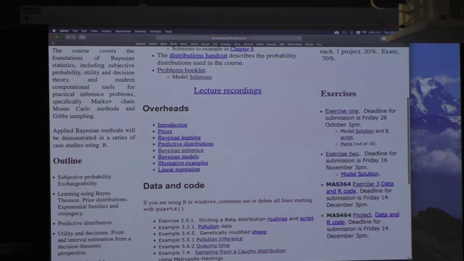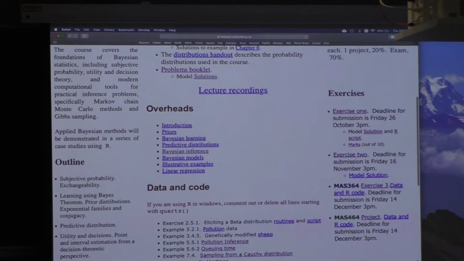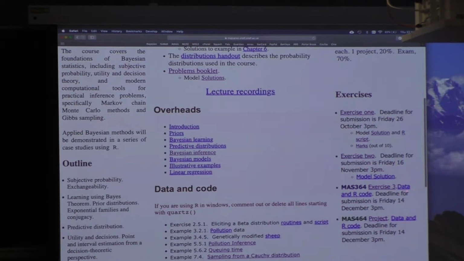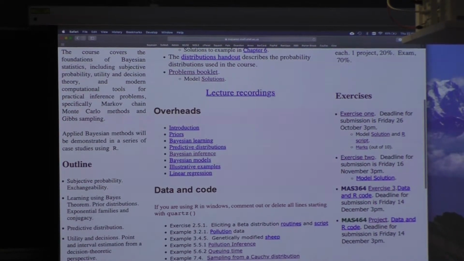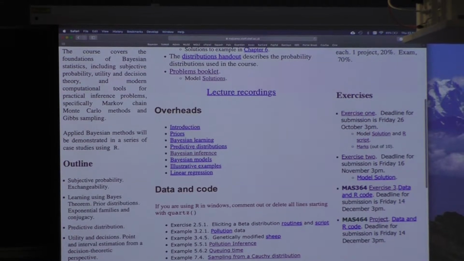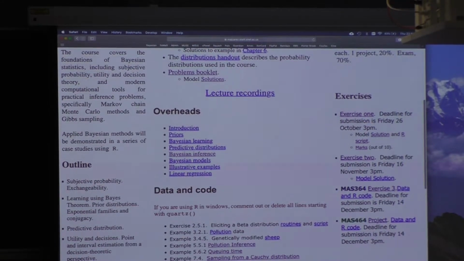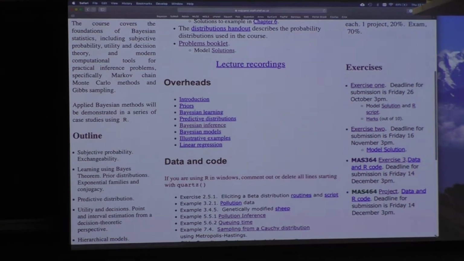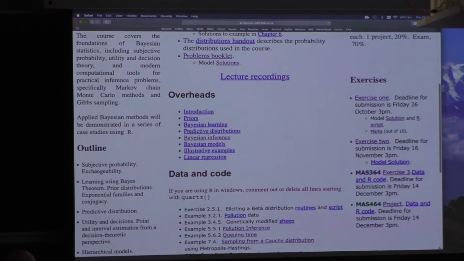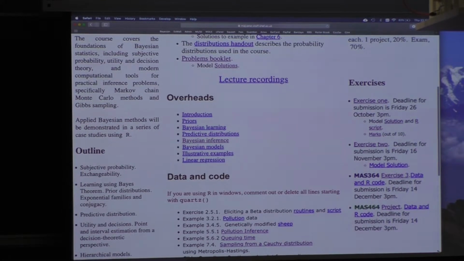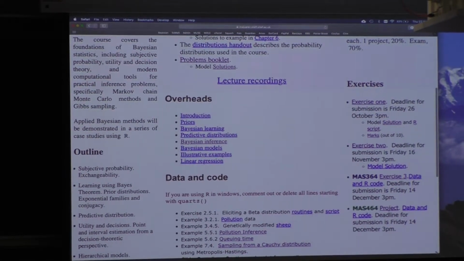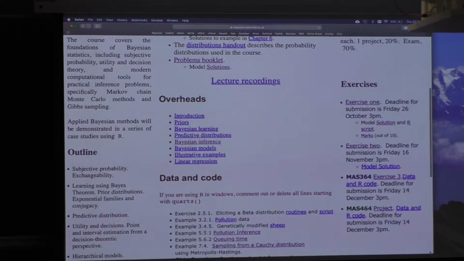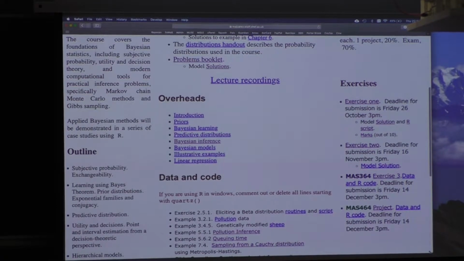For those, you will need to run some MCMC, and the data and the R code are there. So I would suggest to have a little look, make sure that you can download, read the data, and at least make an attempt to run the code so you can actually do the exercise once we've finished talking about MCMC.